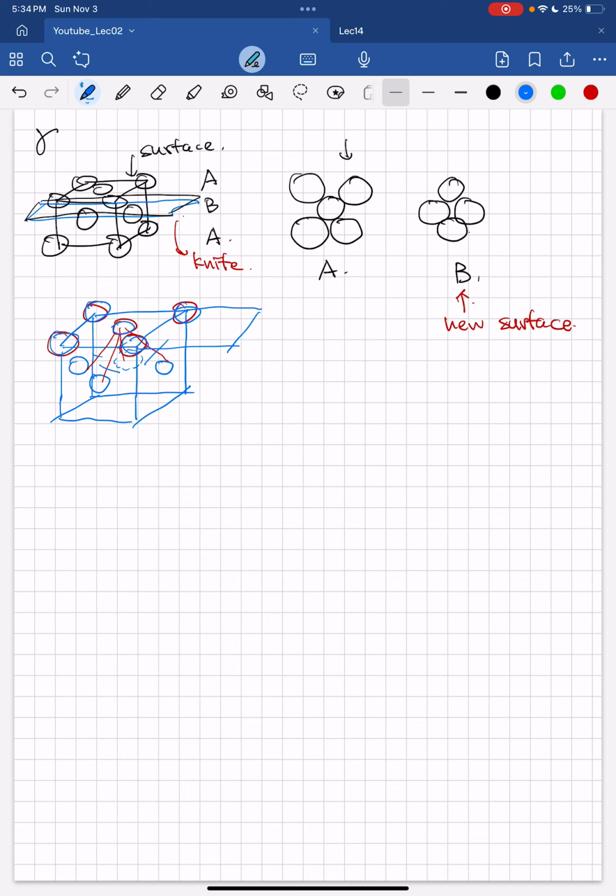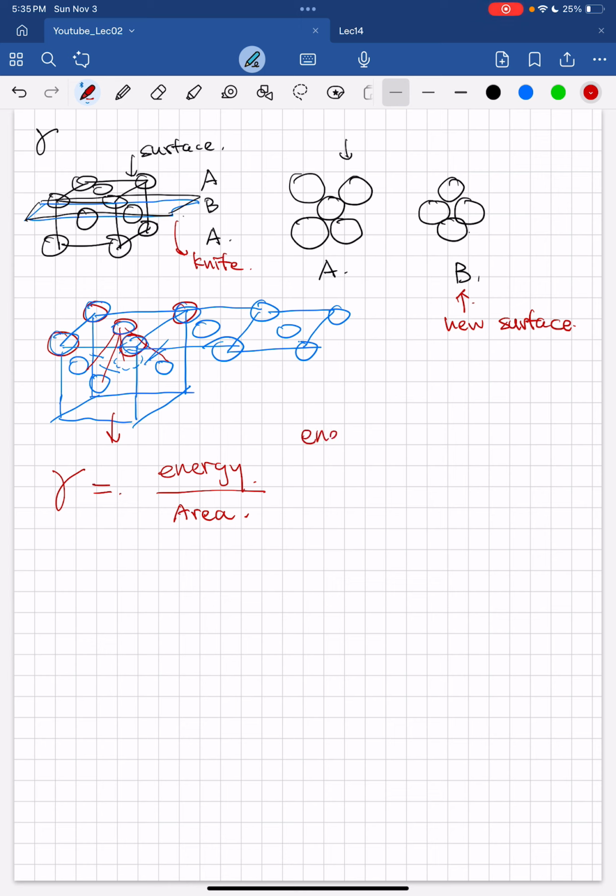Think of this as a continuous surface like this, and this is just a unit cell, so it will be a periodic repeating arrangement, right? Then we have to cut all these bondings, all of them. So our basic strategy is just to analyze this unit cell, then we can simply multiply to get the whole surface energy, right? And the basic strategy would be, gamma by definition is energy per area, right?